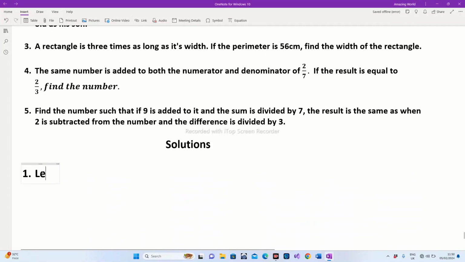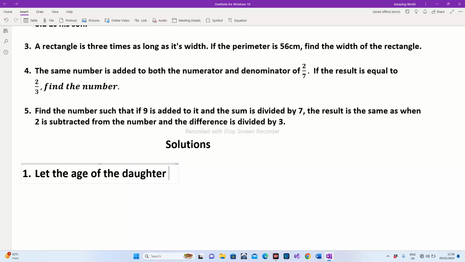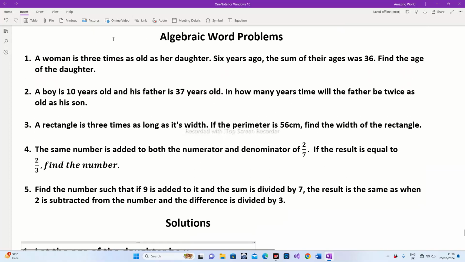So we say let the age of the daughter be x. So I hope you are following with this. And the question says that the woman is 3 times as old as her daughter.